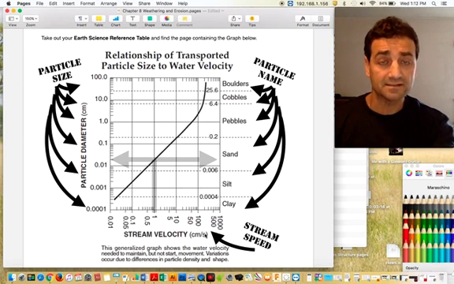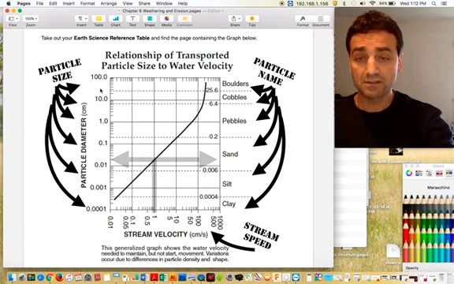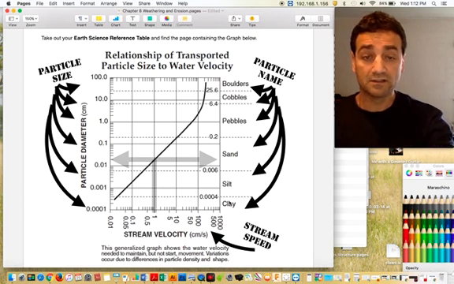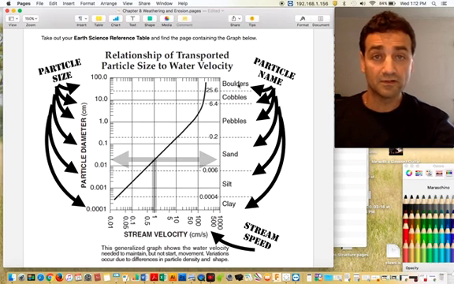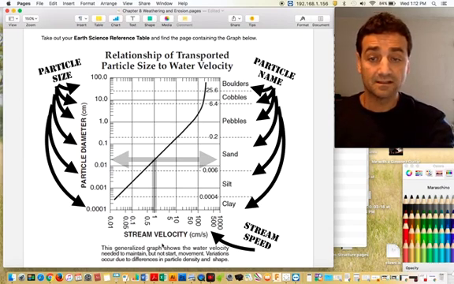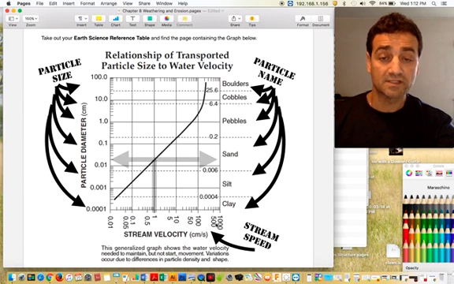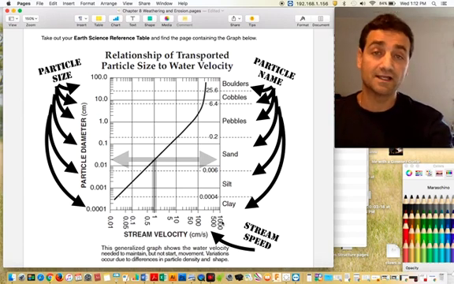That's the fastest. Okay, let's stop a second. Smallest, largest. Clay is the smallest, boulders are the largest. Slowest, fastest. 0.01, slowest stream velocity. 1,000 centimeters per second, fastest stream velocity.